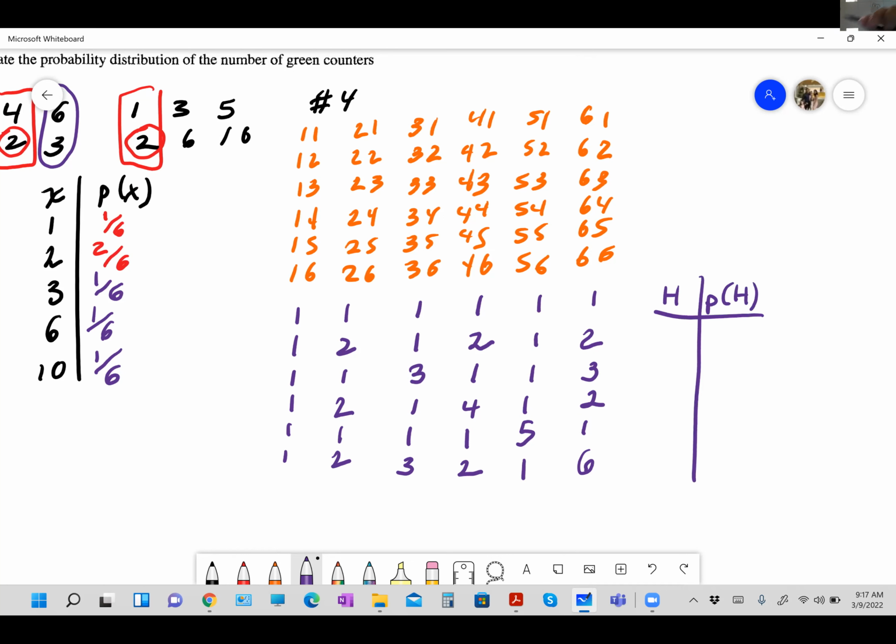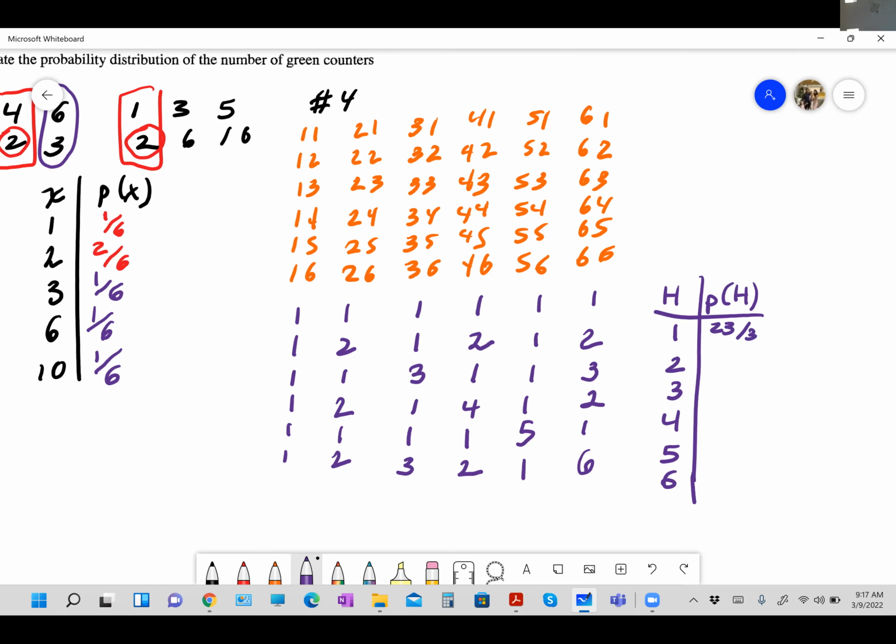So what are the possible answers? A 1, a 2, a 3, a 4, a 5, and a 6. So how many ones do we have? 1, 2, 3, ... 23. 23 out of what?